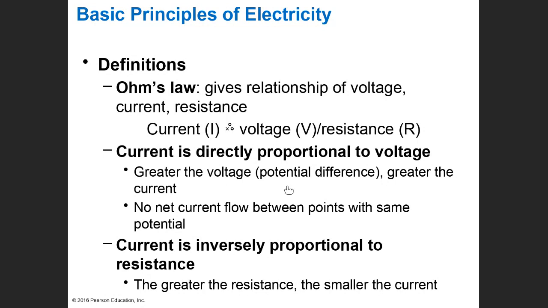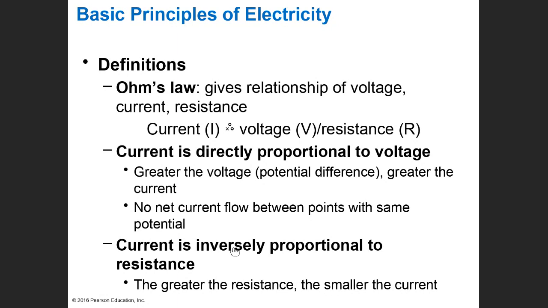So voltage is directly proportional to current. If you have high voltage, you're going to have high current. If you have a low difference in charge across each side of the membrane, then there is no major drive or motivation for those ions to start moving. So a lower voltage would mean a lower current.